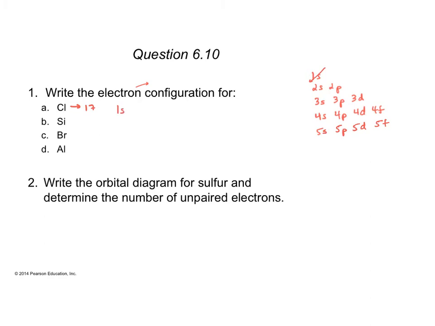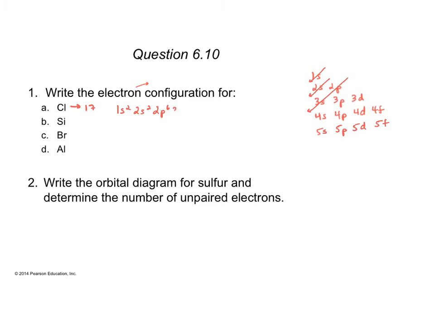So 1s2. Then we move on to the 2s. There'll be 2 in them. So 2s2, then the 2p. There are 3 2p orbitals, and each orbital is going to have 2 electrons, so there's going to be 6 total in this. So that is 2, 4, 10.